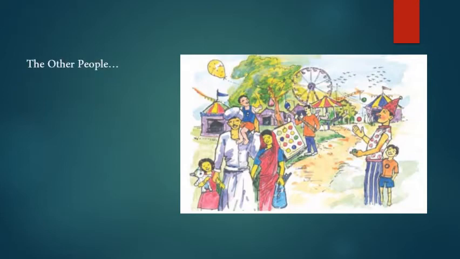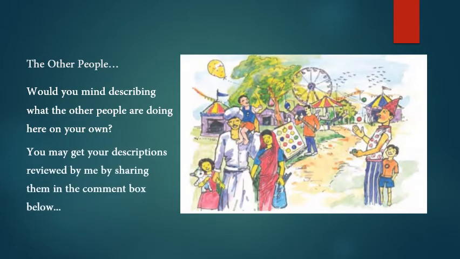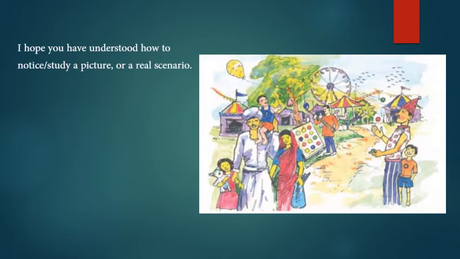The other people. Would you mind describing what the other people are doing here on your own? You may get your descriptions reviewed by me by sharing them in the comment box below. I hope you have understood how to notice or study a picture or a real scenario.